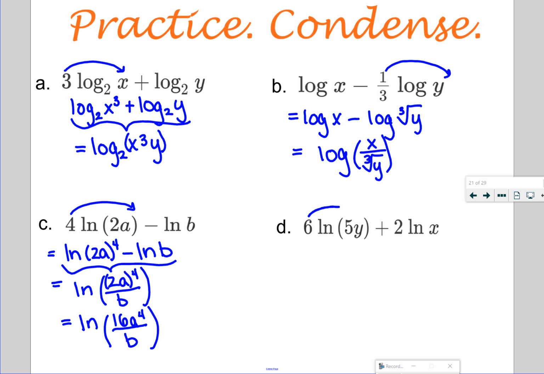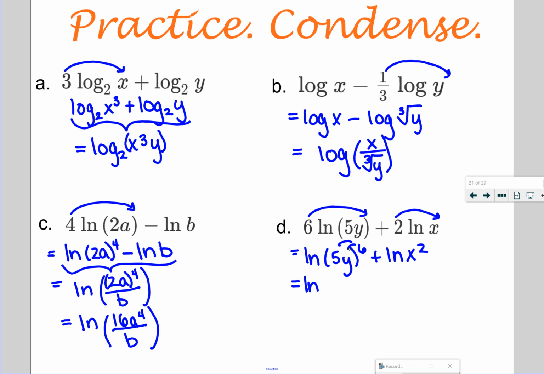Okay, and then in this last one you have 2 powers you can bring up top there. So we're going to have natural log of 5y to the 6th plus natural log of x squared. 5y to the 6th, let's go ahead and simplify that.